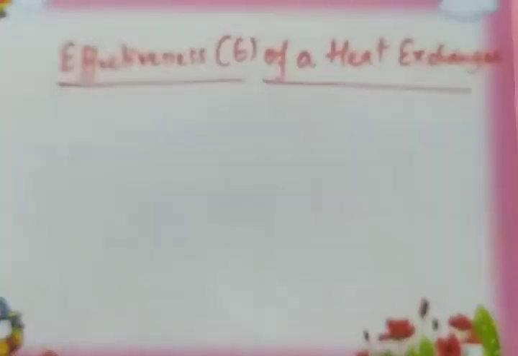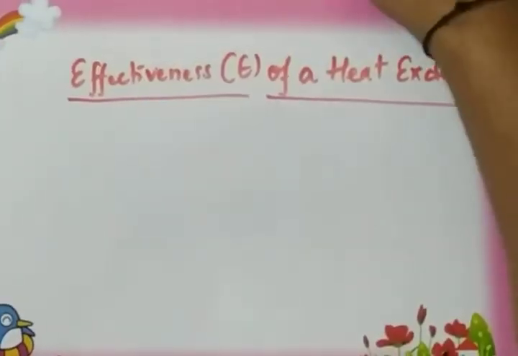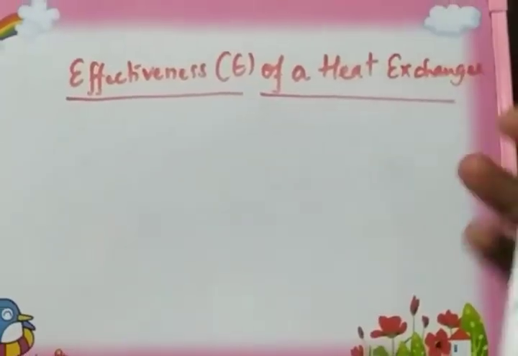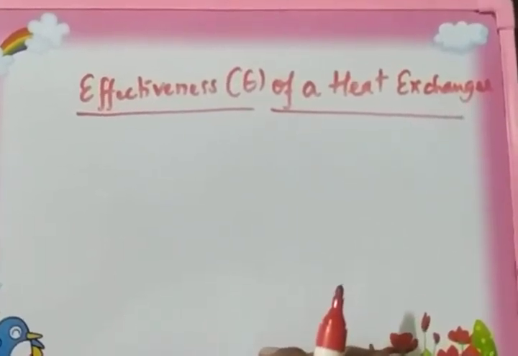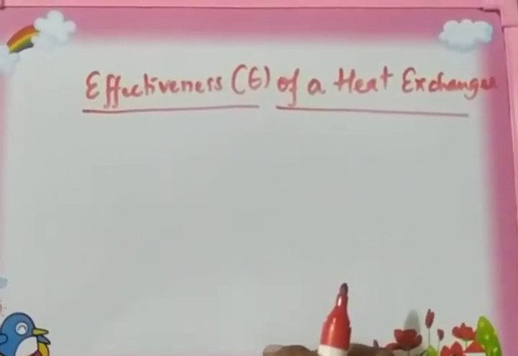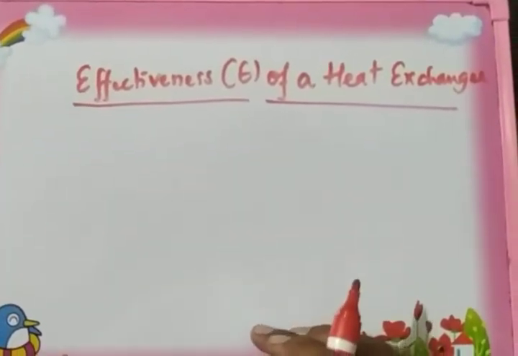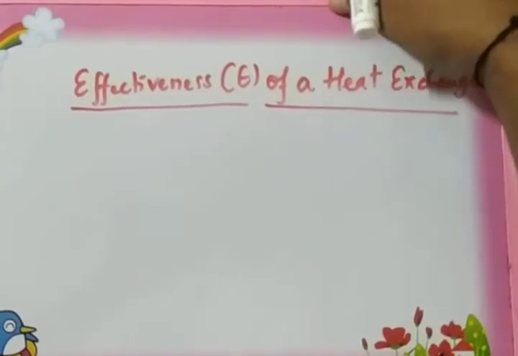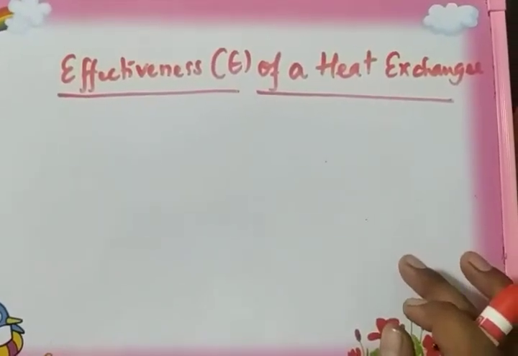Now, in today's session, I'm going to start with a topic related to the performance of a given heat exchanger. Having studied different concepts of heat exchangers like the LMTD method, we shall now understand how better a heat exchanger is performing.